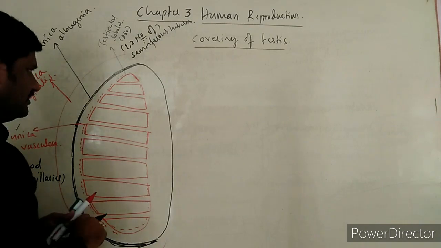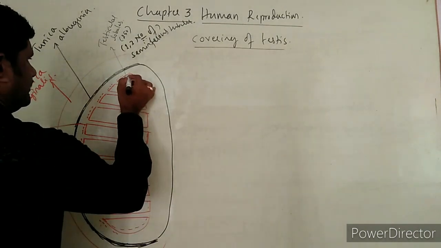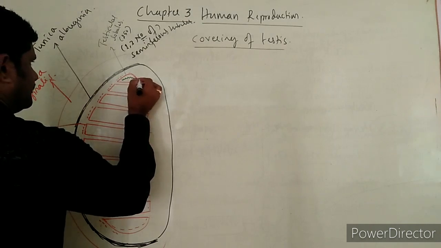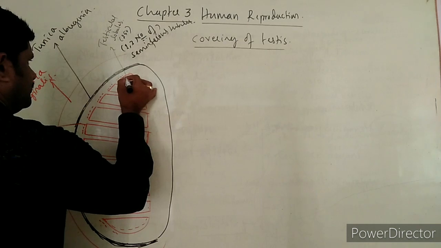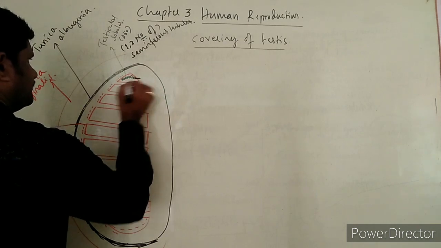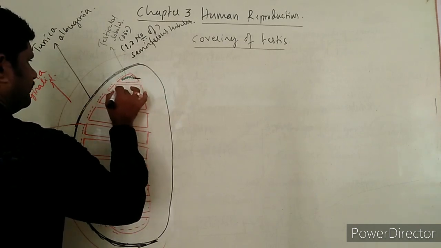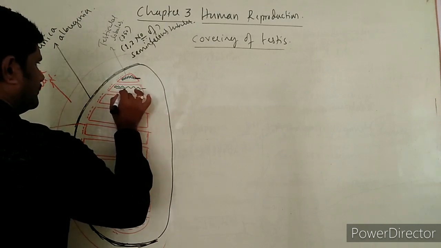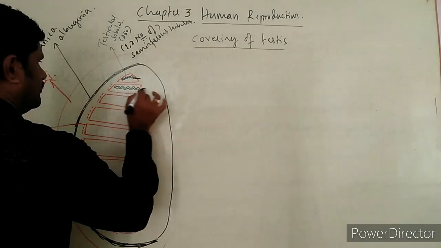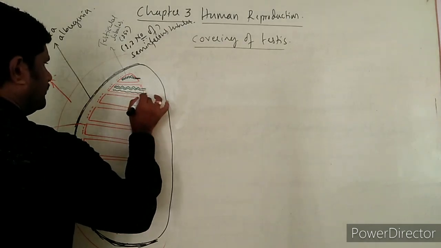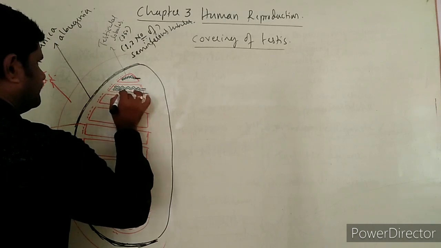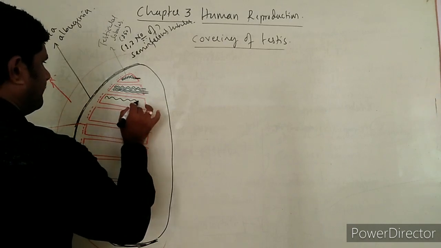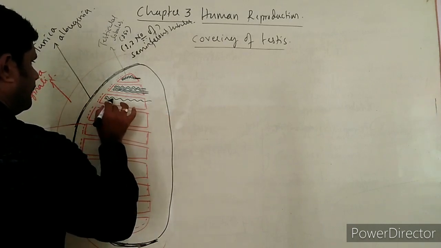See here, I am going to draw the same diagram. Here you come across a little coiled seminiferous tubule, and there are 1 to 3 seminiferous tubules here.